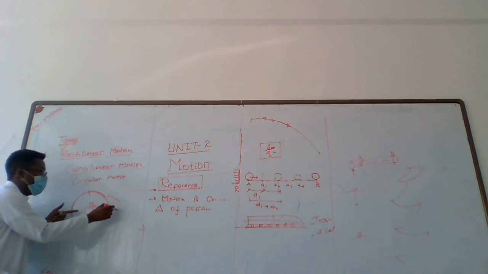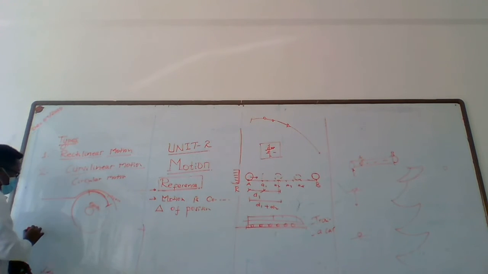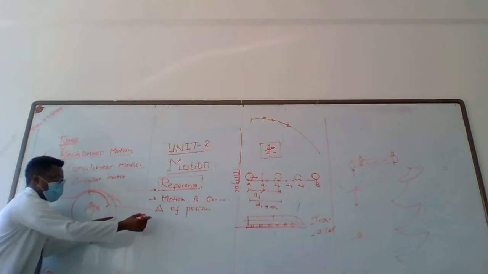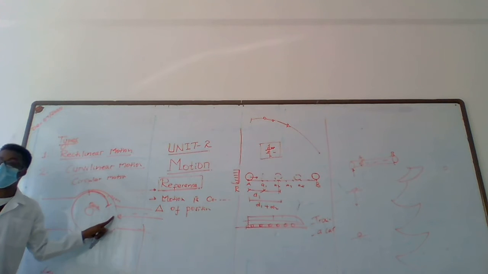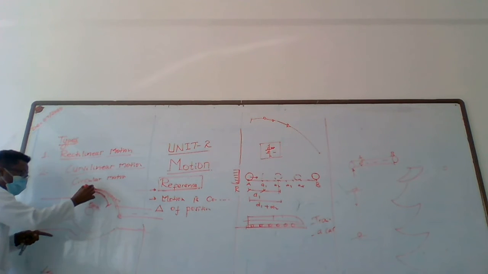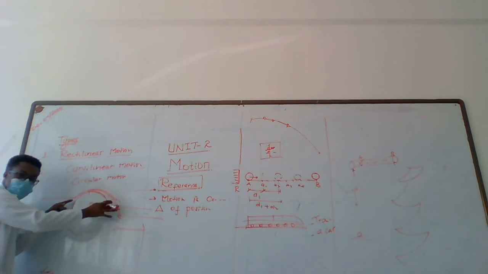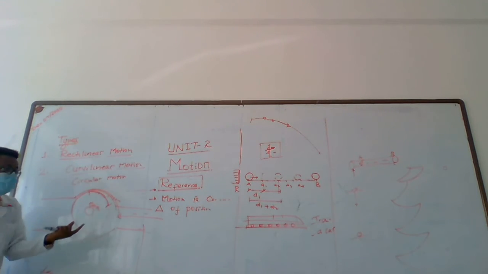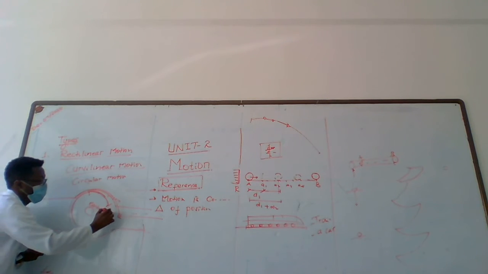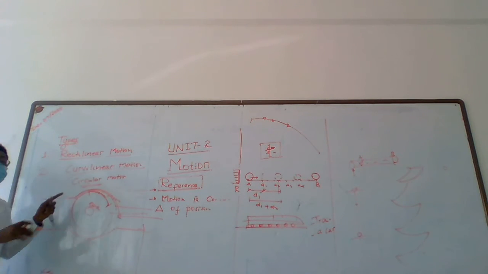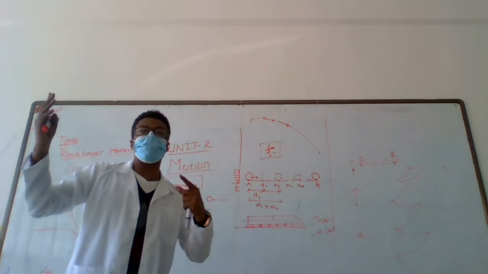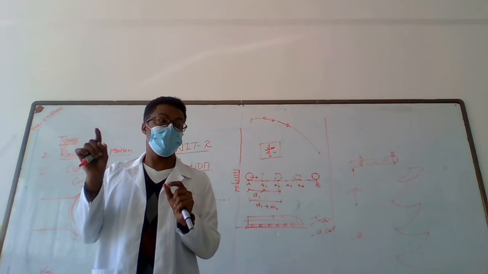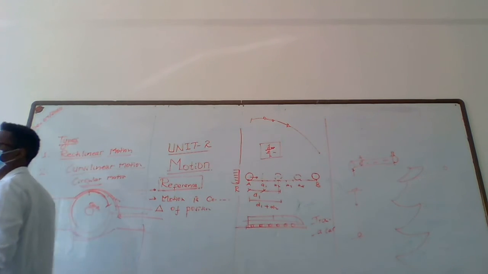If you're following a straight line, it is rectilinear motion, and you go around in some small curve, curvilinear motion. But if you forget something and go back again and follow this path, it is circular. So circular motion is a special type of curvilinear motion in which the object forms a complete circle. Clear? Okay.